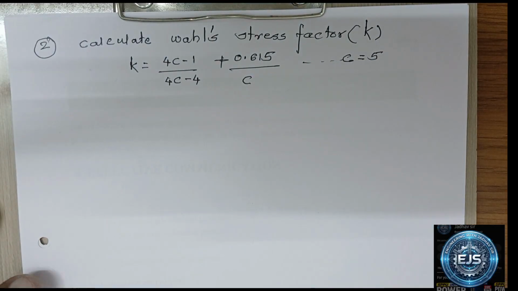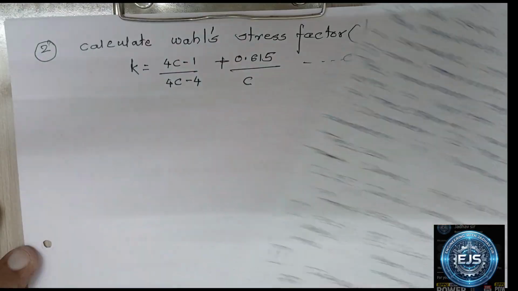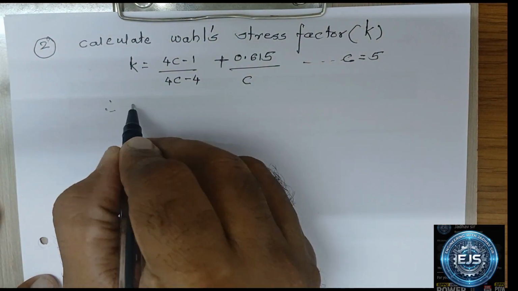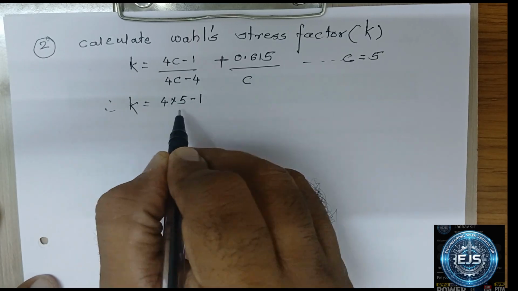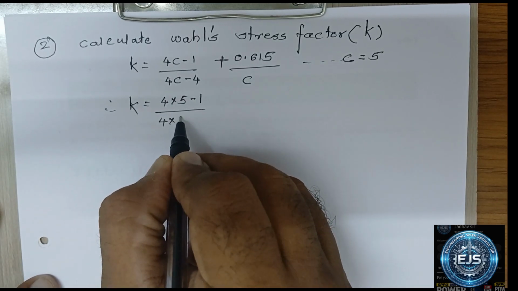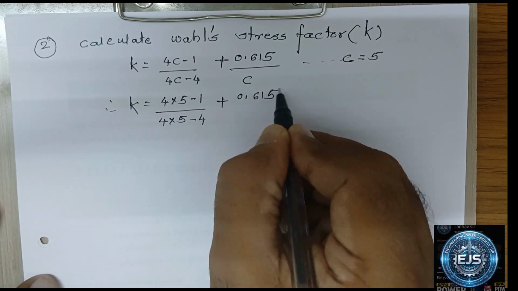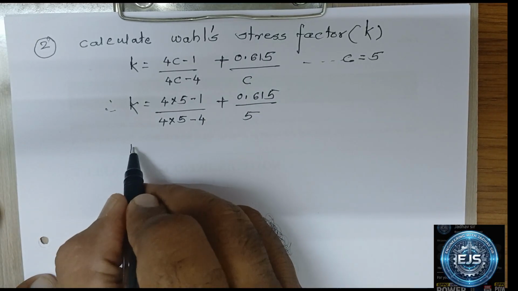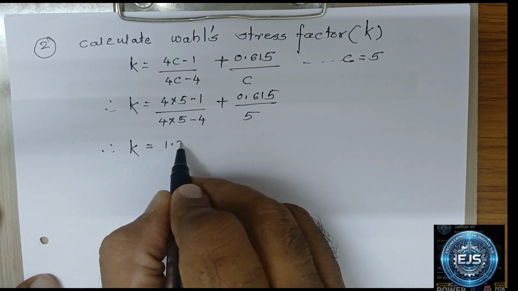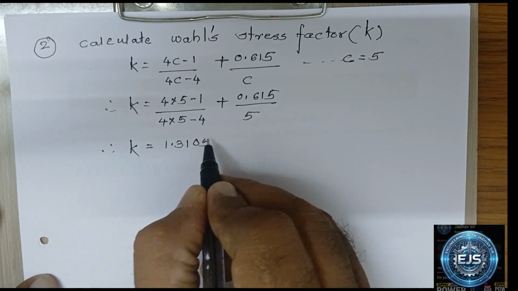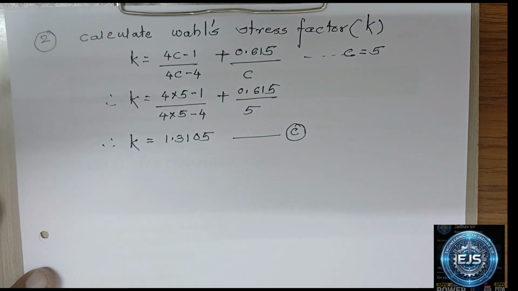Spring index problem में दिया है, that is 5. तो K हमें कैलकुलेट करना है इस फॉर्मूले से. 4 इंटू 5 माइनस 1 डिवाइड बाय 4 इंटू 5 माइनस 4 प्लस 0.615 डिवाइड बाय 5. तो K का वैल्यू हमें मिल गया, वॉल स्ट्रेस कॉन्सेंट्रेशन फैक्टर, दैट इज 1.3105. This is the wall stress factor. So we'll mark it as equation C.